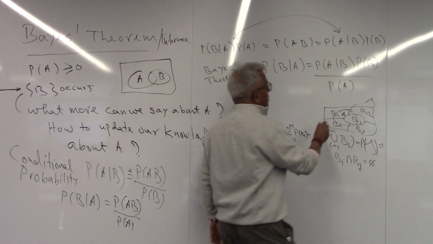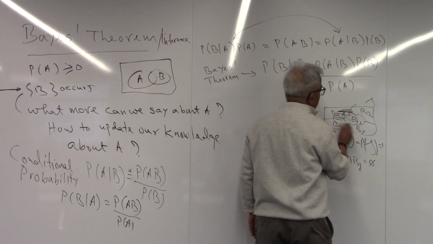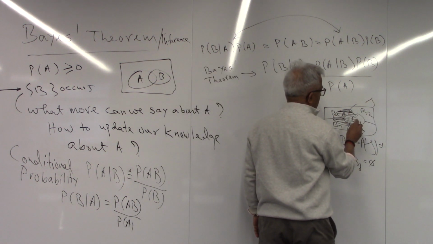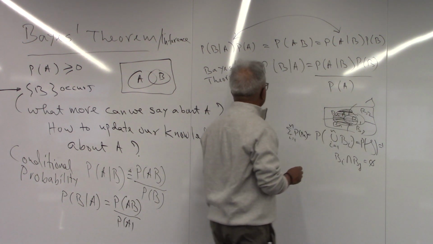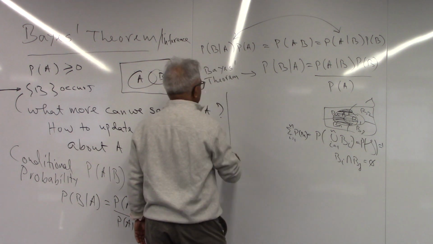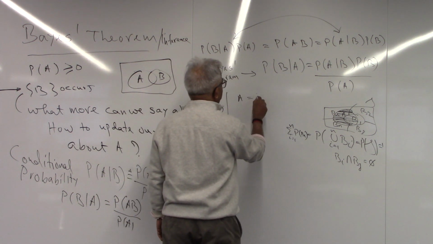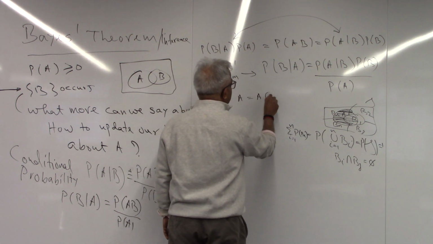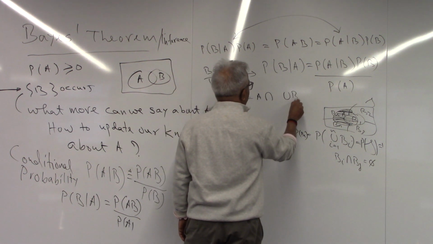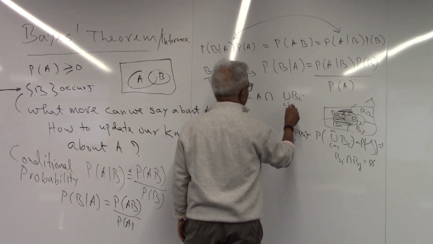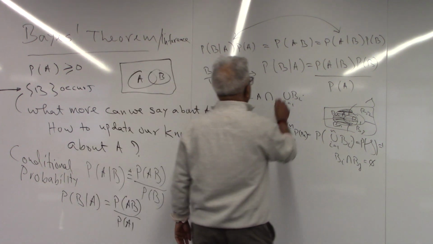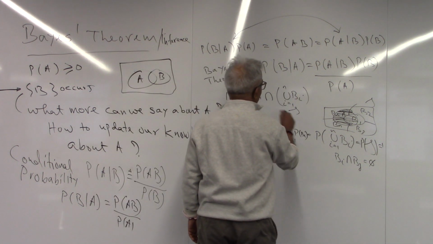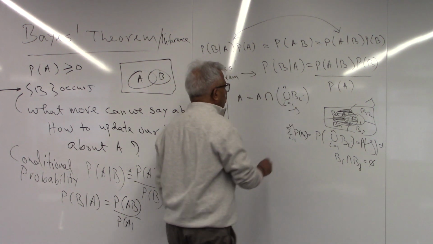Now notice that any set A lives in S. So A may have intersections with Bi's, and A itself can be written as A intersection the union of all the Bi's, and that's because this is the whole set. A intersection the whole set is A.